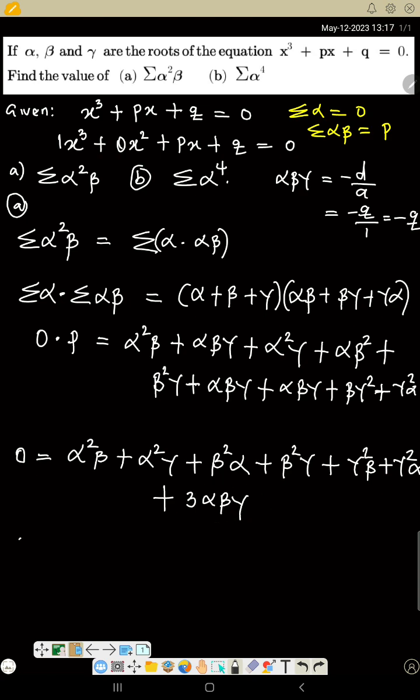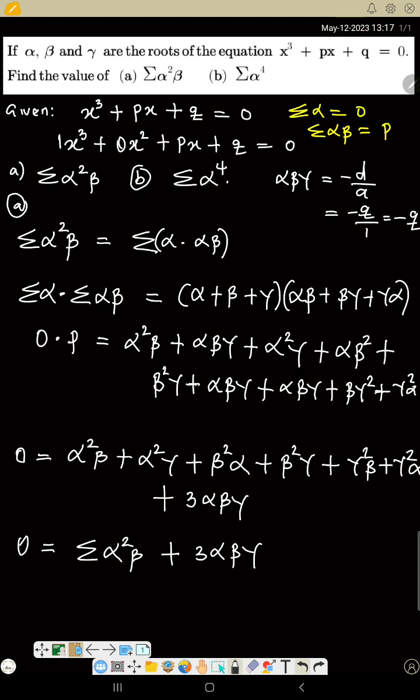So this is 0, equal to all these expressions together, which is summation alpha square beta, because those are the terms, plus 3 alpha beta gamma.